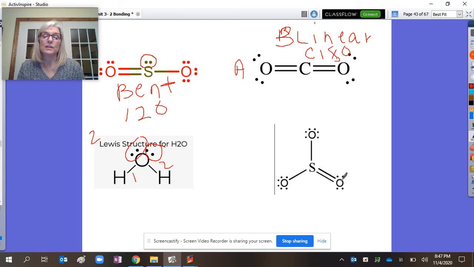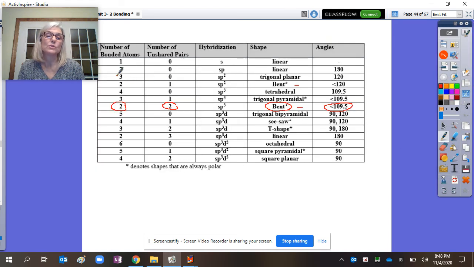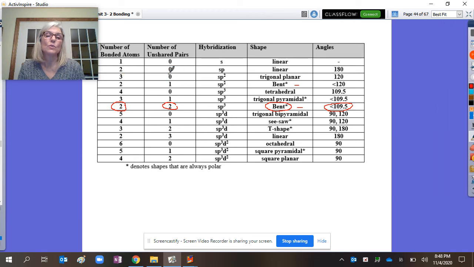And sulfur is connected to 1, 2, 3 sulfurs. So let's go find 3 bonded atoms. So here's 3 bonded atoms, 0 unshared pairs. So that's what we want. There's our trigonal planar. And notice the bond angle is 120. So that's your trigonal planar.